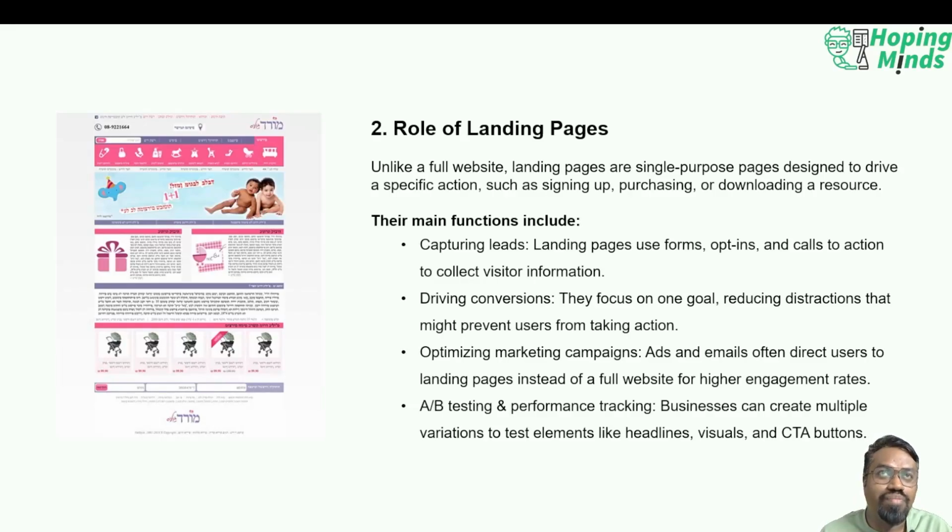If that company has only one kind of product, then as a marketer, I suggest they have only one landing page showcasing only that one product. Because as a user, I should not be diverted from that particular product. That product should capture my interest, right?